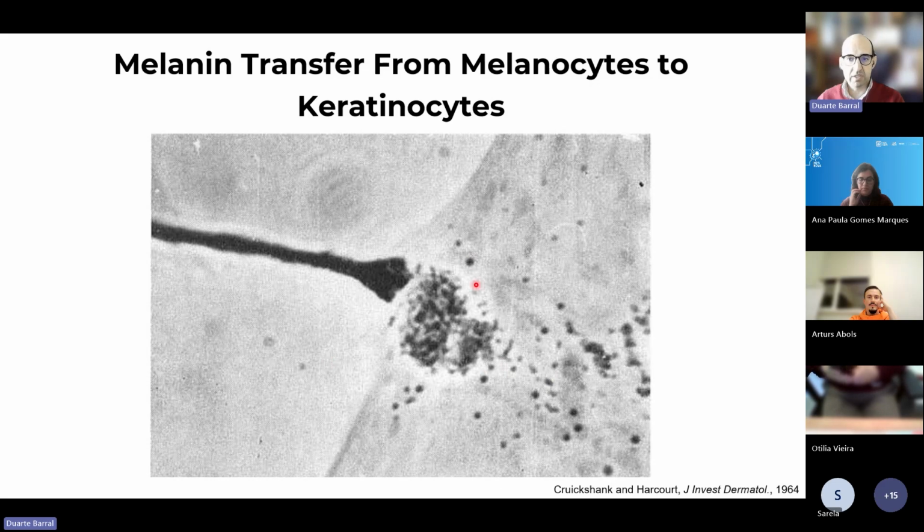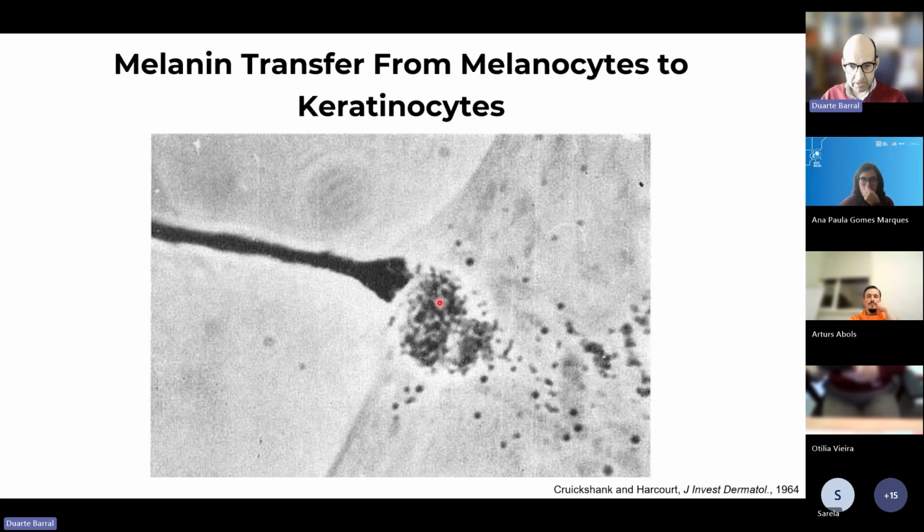This is known for a long time. You see here, for example, a paper from 1964. This was already observed, but what we didn't know, and only recently has been clear, is the mechanism by which this melanin is transferred from melanocytes to keratinocytes.